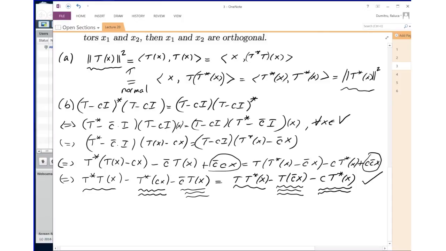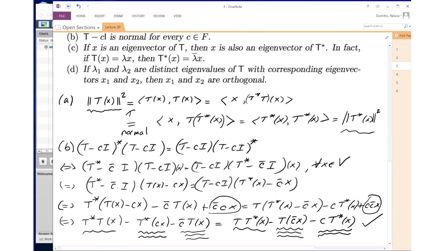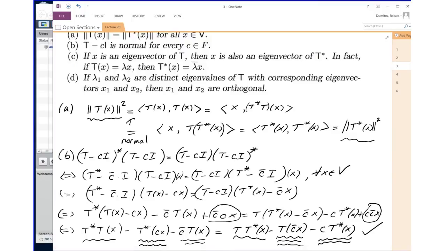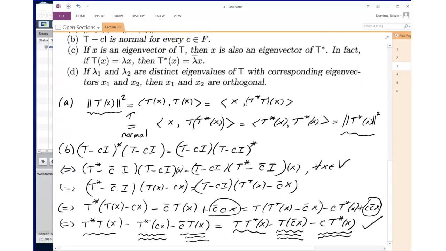So it holds. So just straightforward computation, I would say, for part B. Because T is normal, then T minus scalar times identity will always be normal. So let's go to part C.